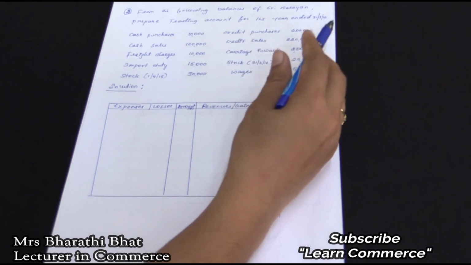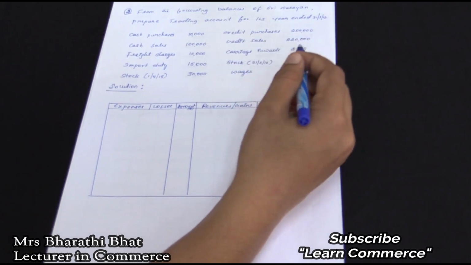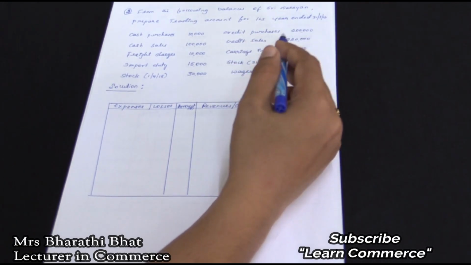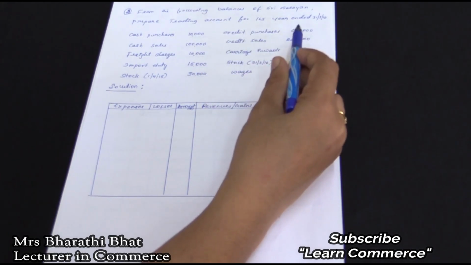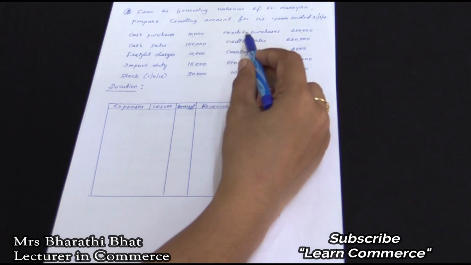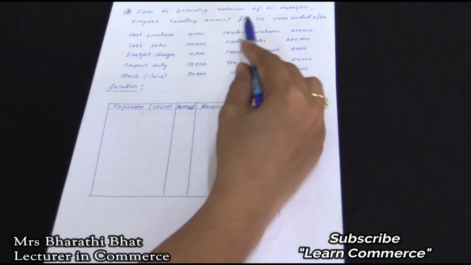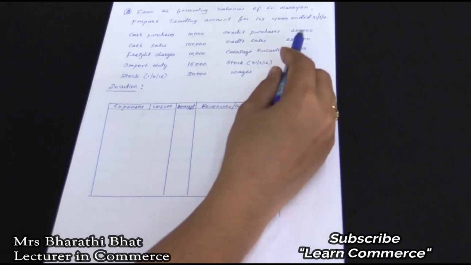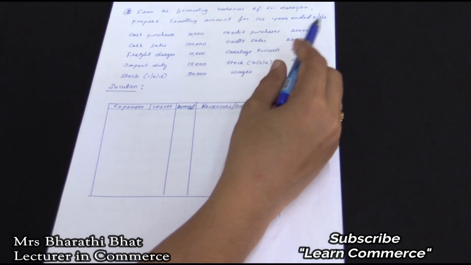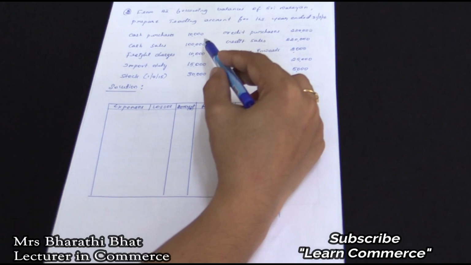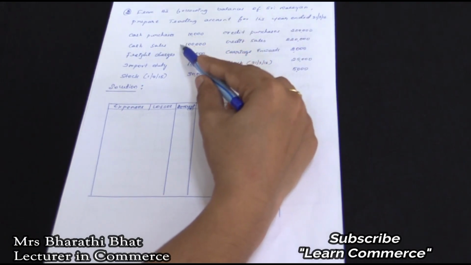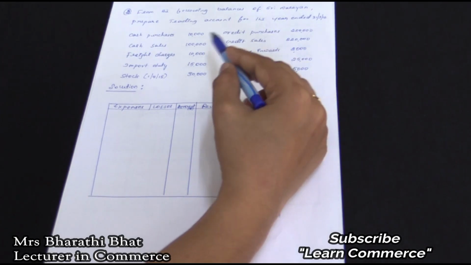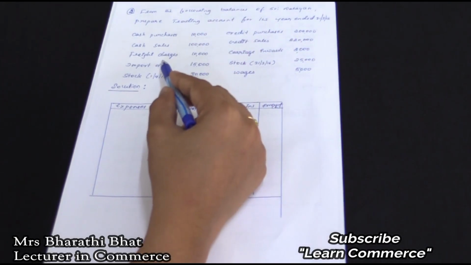So we need total purchase. How can we find out the total purchase? Here we should add cash purchase and credit purchase, then we will get the total purchase. So here both informations are given, cash and credit purchase, and the next one is cash sales and credit sales. So we should consider these two also. Next one, freight charges.